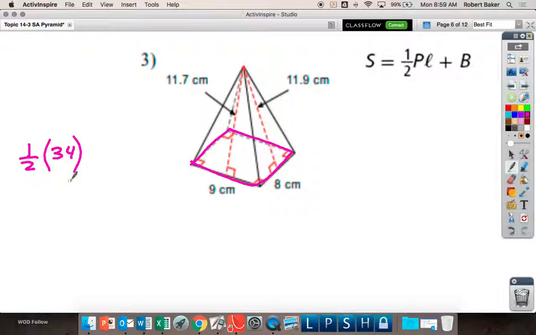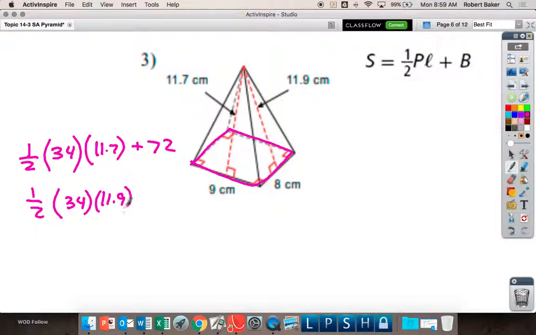Use the smallest. We'll try 11.7 first. Plus the area of the base, 9 times 8. We're going to get two different answers, pretty sure.